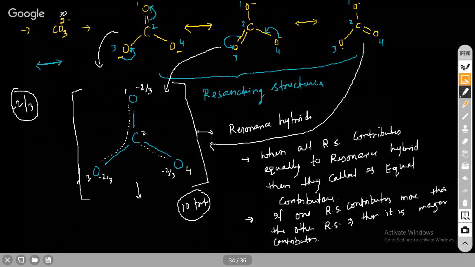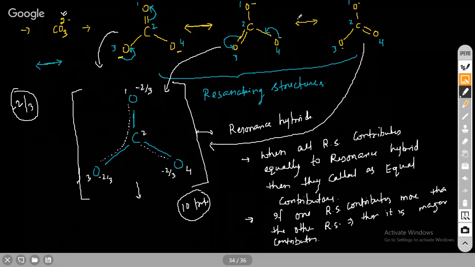This molecule has total 2 negative charge, right? This molecule has total 2 negative charge, and this negative charge is delocalizing over oxygen atom. You see here, when this negative charge comes over here, this oxygen will have the negative charge, and when this comes over here, this oxygen will have the negative charge.